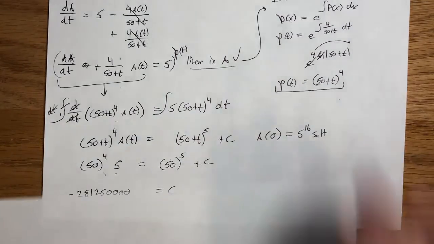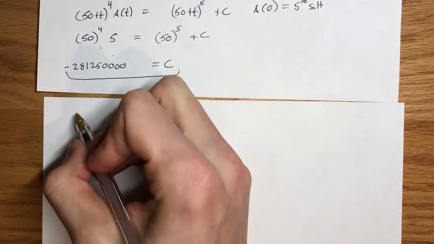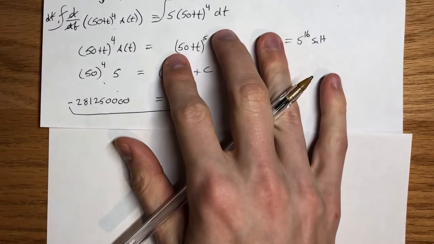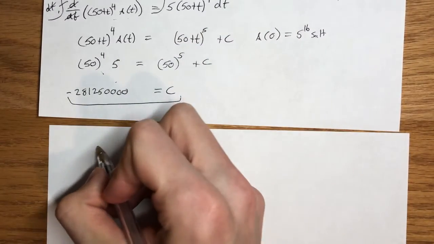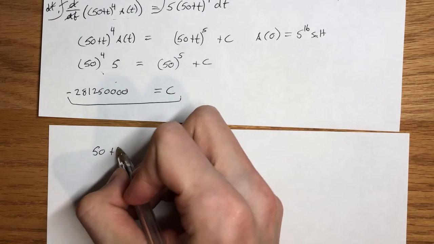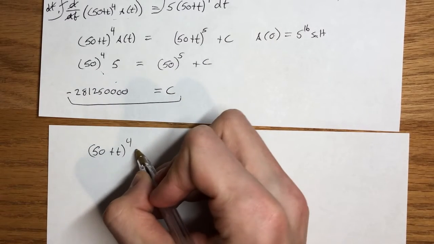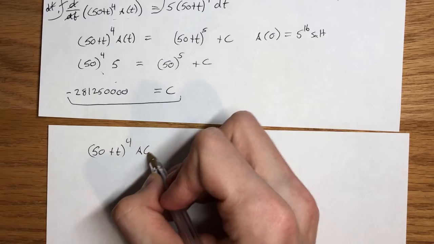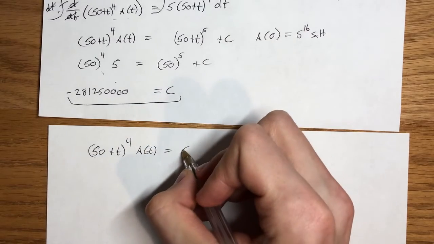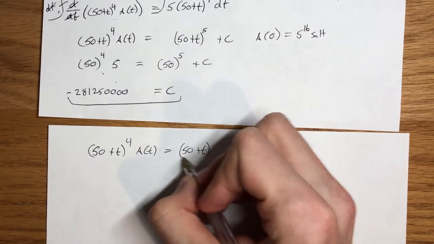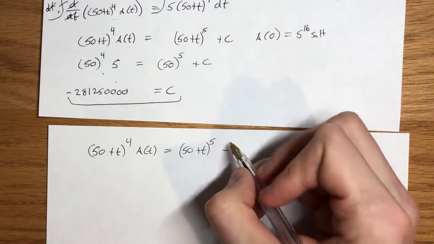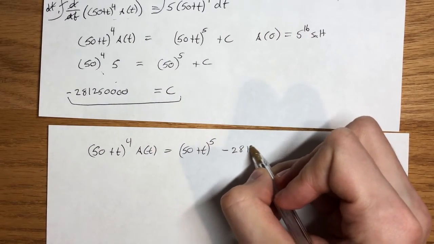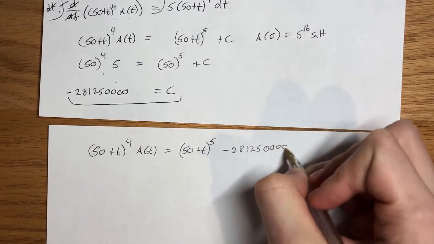Grabbing another page to continue on here. We will plug our value of c into our simplified equation here. So we have 50 plus t to the 4th times our amount, a of t, is equal to 50 plus t to the 5th, and then minus our c, because it's negative here, 28125, 0, 0, 0, 0.